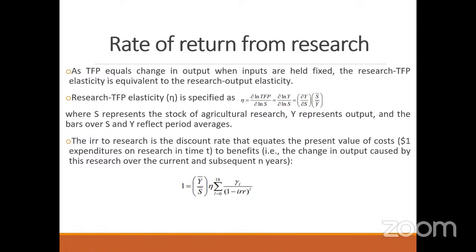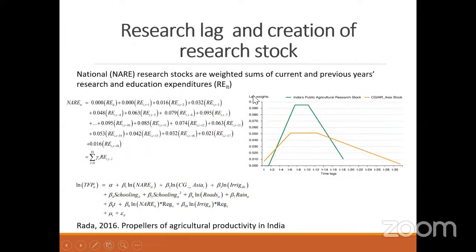Lastly, the rate of return from the agriculture sector. The elasticity of TFP and research is this B2, which he has calculated from this equation.